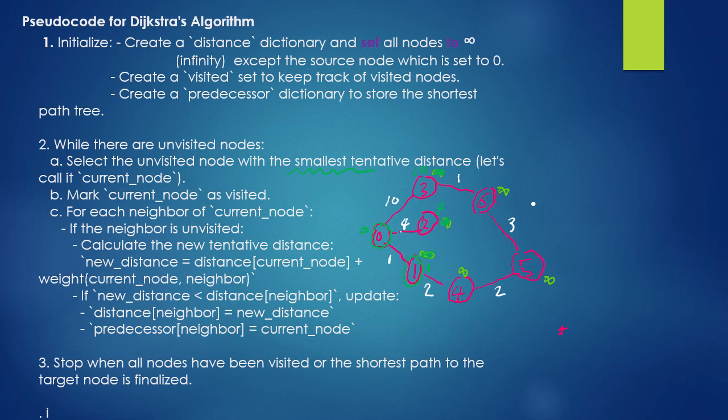Now I have only one neighbor. Or let's make it interesting. If you have one line here with, say, a weight 1, then this neighbor update is 4, and this is 2, so it will be updated to 2, because that's less.